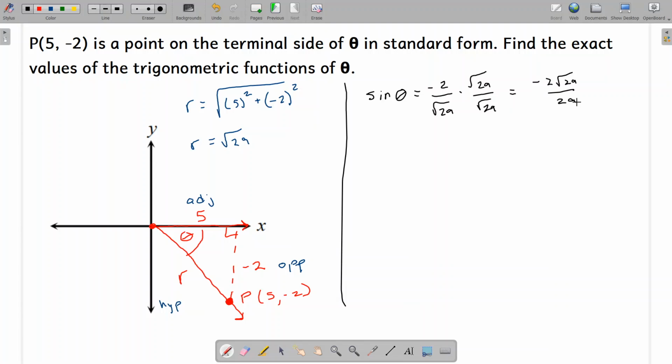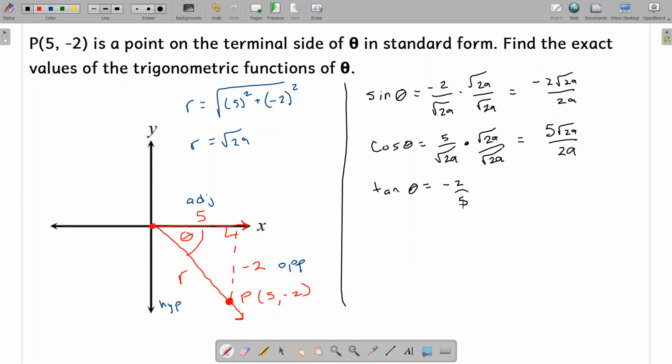Okay, to find cosine, I'm doing my adjacent side over the hypotenuse, so 5 over radical 29, and then I need to rationalize again. So we get 5 radical 29 over 29. To find tangent of theta, we're doing opposite over adjacent, so -2/5. Okay, no reducing there.